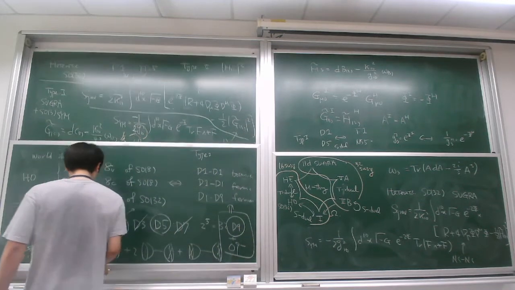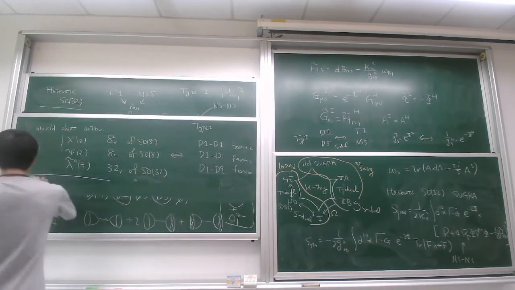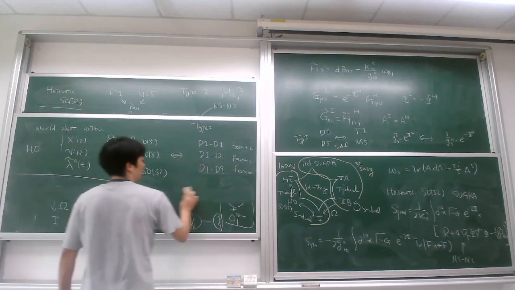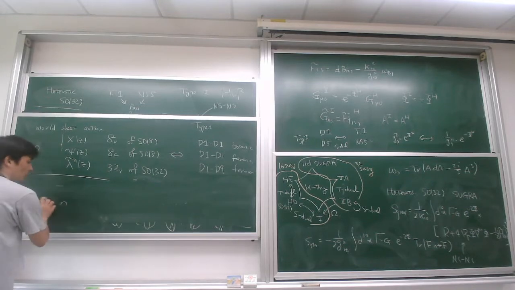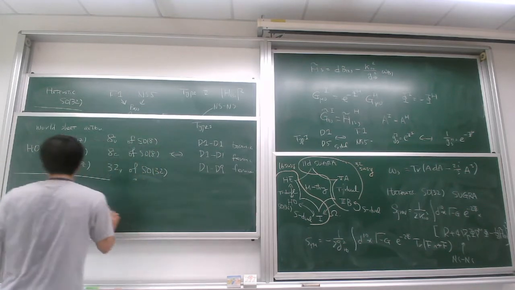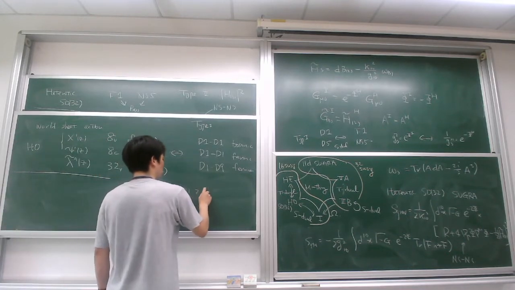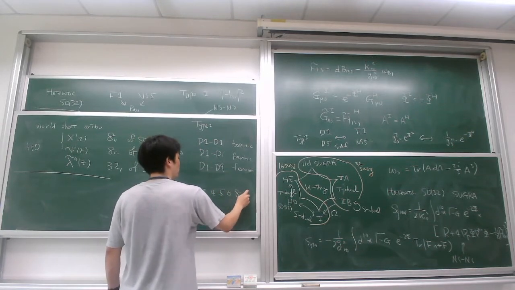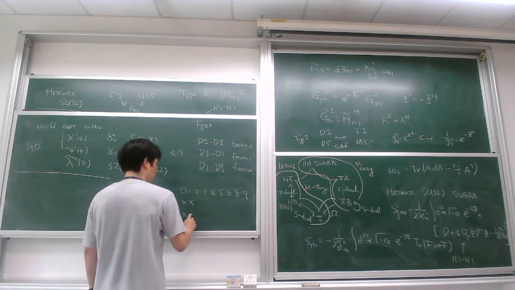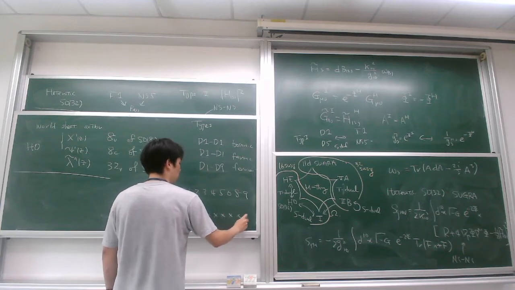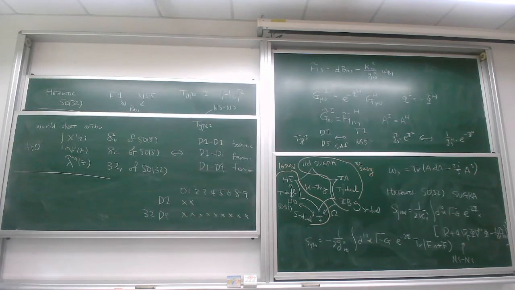So let's look at how to get these numbers 8v, 8c, and so on. So now, for instance, if you consider this type 1, you have 0, 1, 2, 3, 4, 5, 6, 7, 8, 9. And D1, suppose D1 brane sits in here, and D9 brane sits in here. And the D9 brane is 32 of them, okay? So that's the configuration we are looking at.